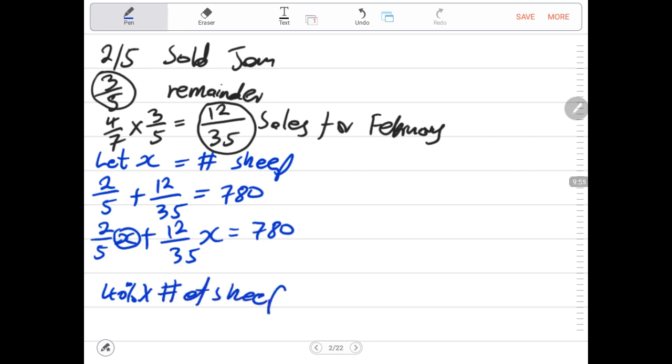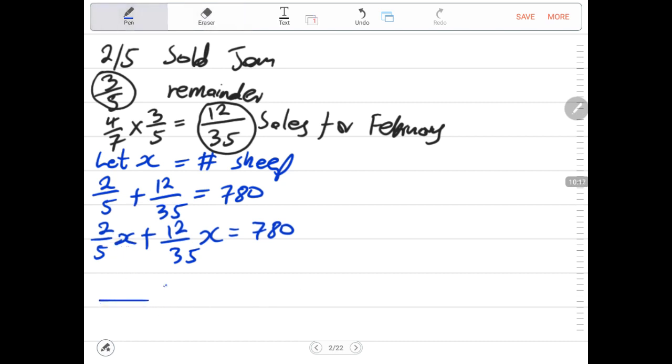We don't know how many sheep he had, but we know that 40% of what he had, he sold. So we multiply by x, and this x represents the number of sheep. Hence we multiply the fraction 2 over 5, which is the same as 40%, by x.